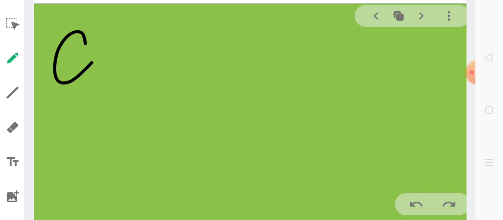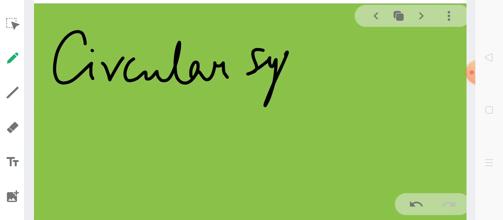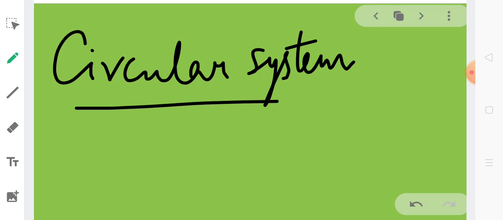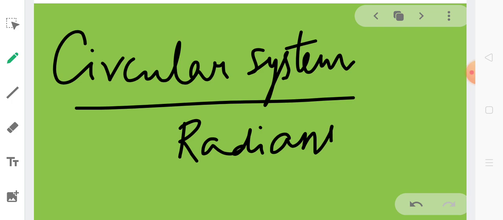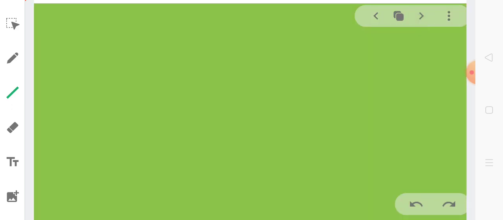The next is the circular system, in which angle is measured in radians. Now, what is 1 radian? For this, let me draw a circle. Suppose this is a circle with its center at this point.